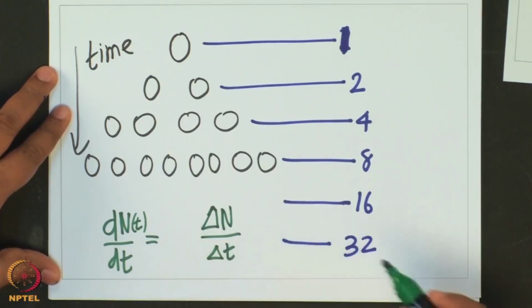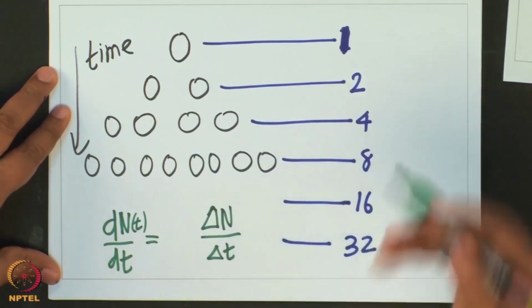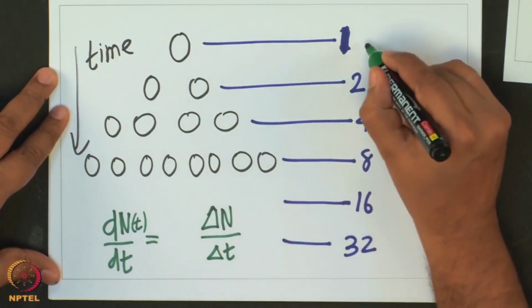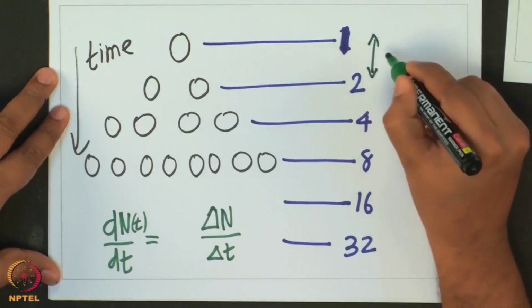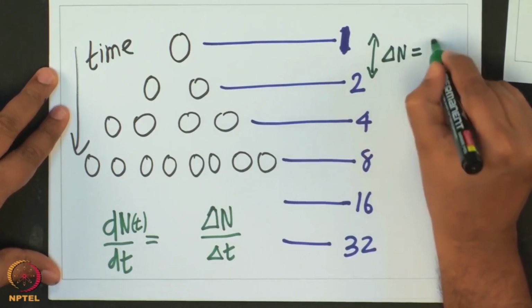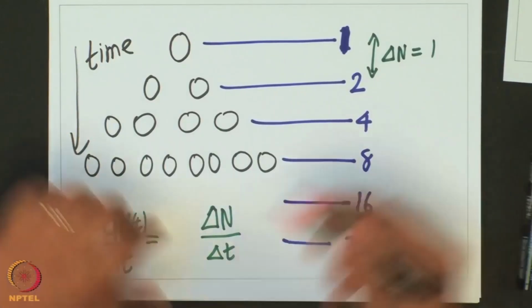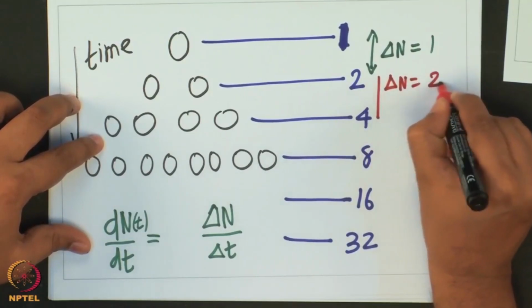Now what is delta n by delta t? Delta t is some time by which it would divide, and delta n, let us think about this. So what is delta n here? How much was the delta n here? Here the delta n is 1. What is delta n here? Here the delta n is 2.